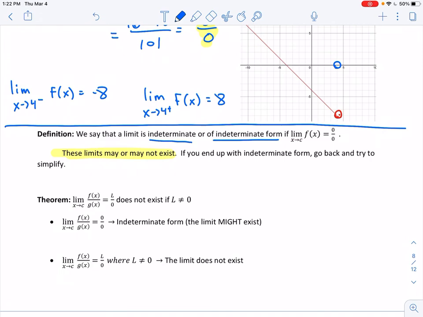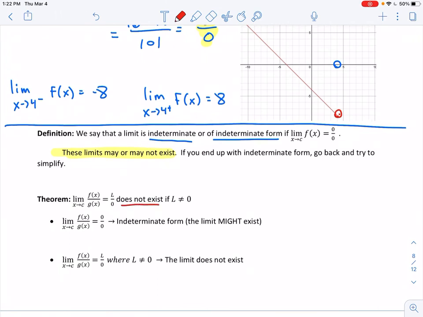Now, one thing I want to contrast that with is this theorem right here. It says if we take the limit as x approaches c of f of x divided by g of x, and we end up with L divided by 0, that limit does not exist if L is different from 0.